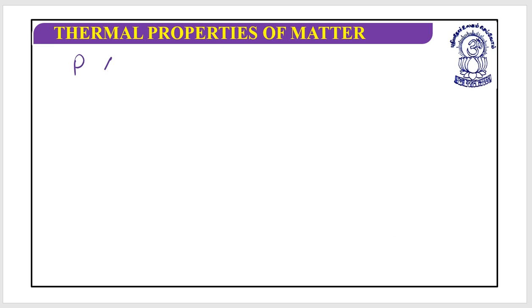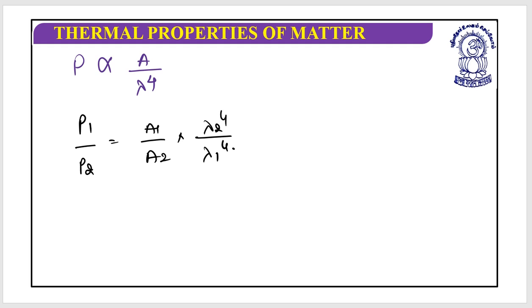We understand that P is directly proportional to A by lambda to the power 4. So P1 by P2 is equal to A1 by A2 multiplied by lambda 2 to the power 4 divided by lambda 1 to the power 4. As they said, A1 equals A2, so this has gone, and I am left with lambda 2 divided by lambda 1 to the power 4.